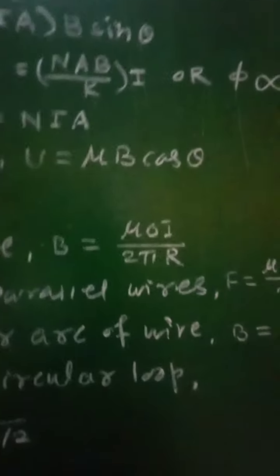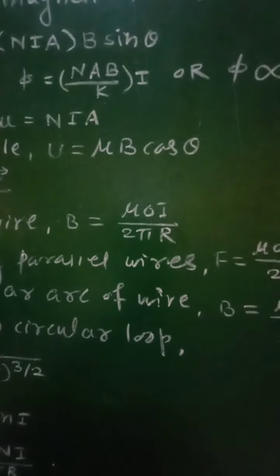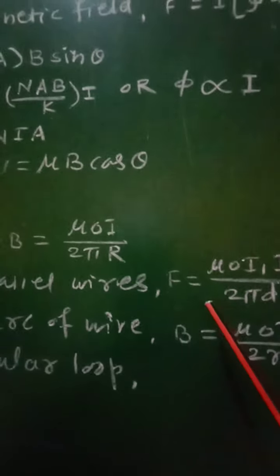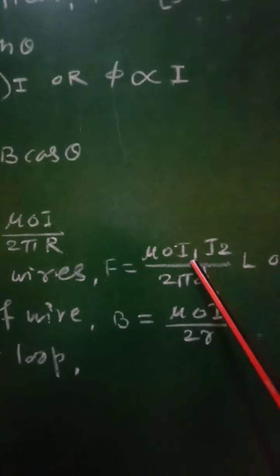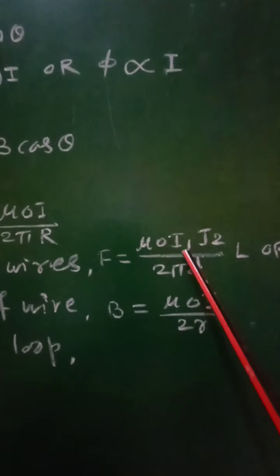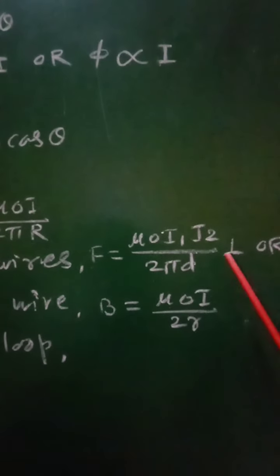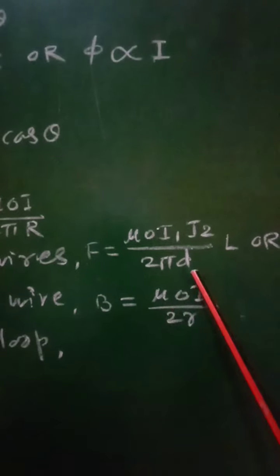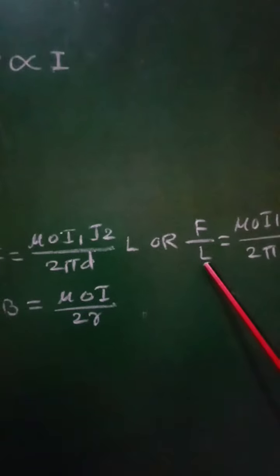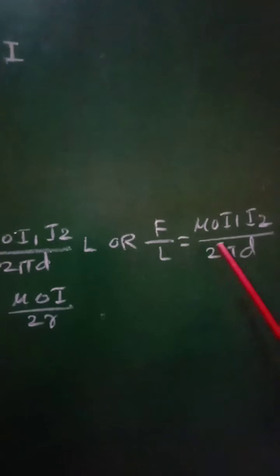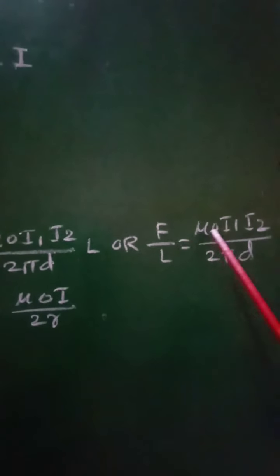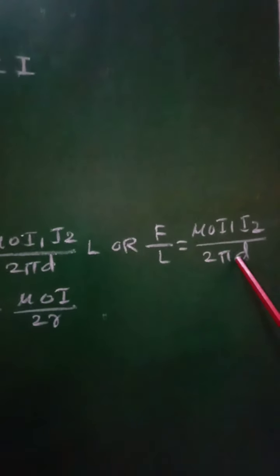If I1 and I2 are the currents flowing through these two wires, then the force of attraction F is equal to mu 0 I1 I2 upon 2 pi d into L, where d is the separation between the two wires. Or the force per unit length of each conductor will be equal to mu 0 I1 I2 upon 2 pi d.